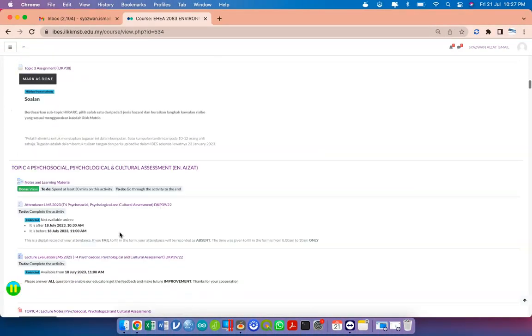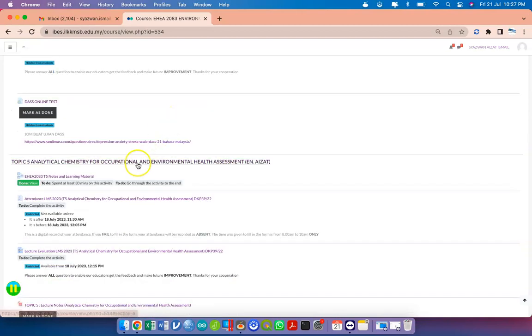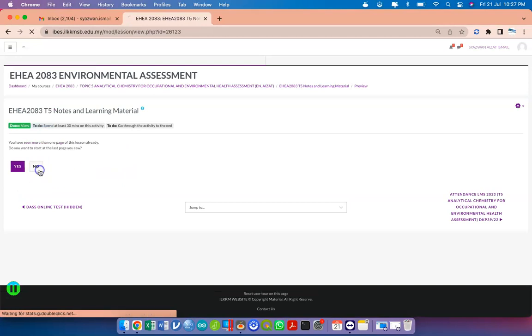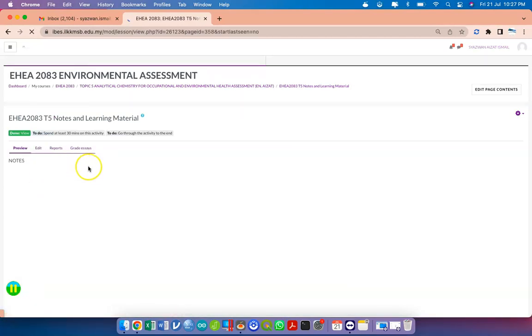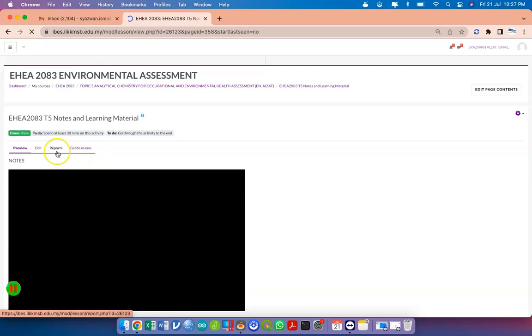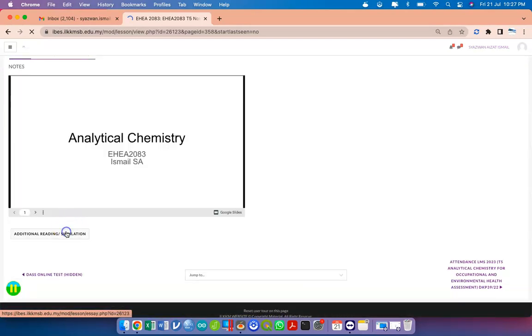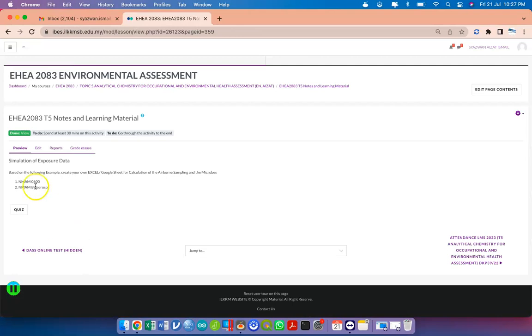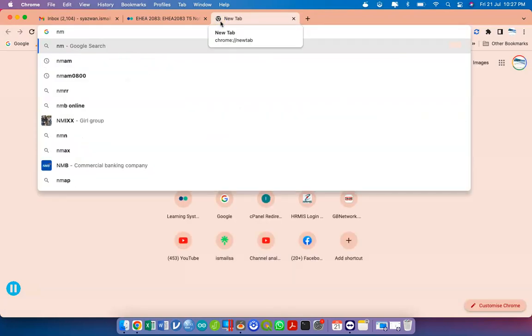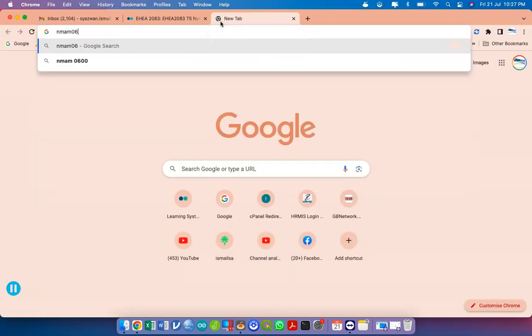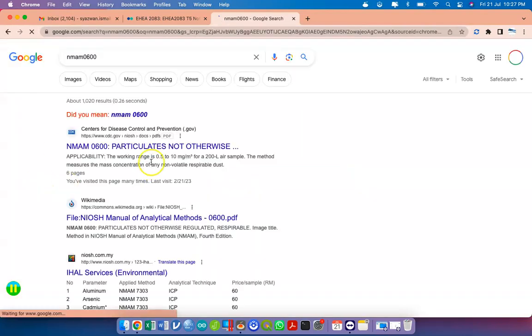In the fifth lesson, we already learned about analytical chemistry for occupational and environmental hygiene. One of the questions here requires some calculation. As indicated here, this is an example of the NIOSH manual of analytical methods. When we go to NMAM 0600, we can see the particulates not otherwise regulated.